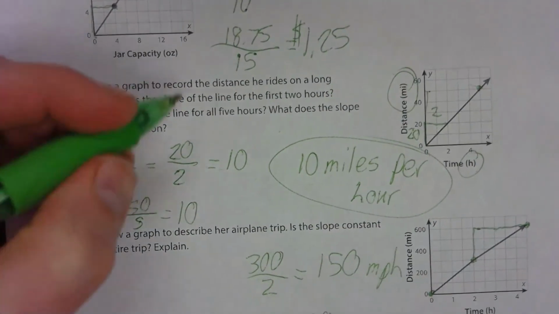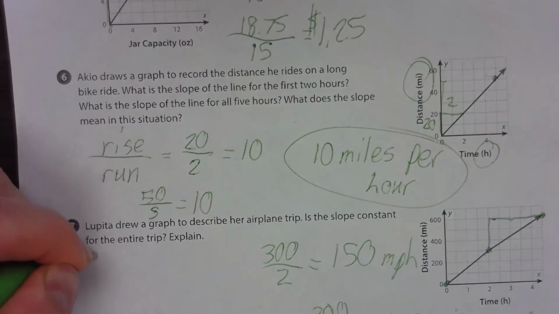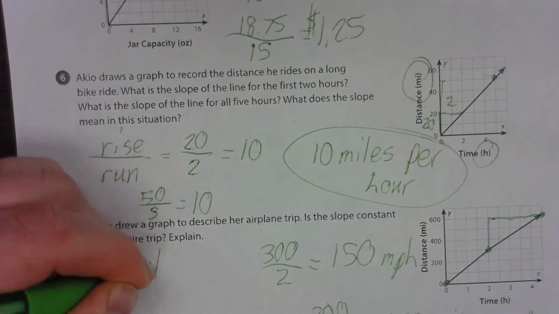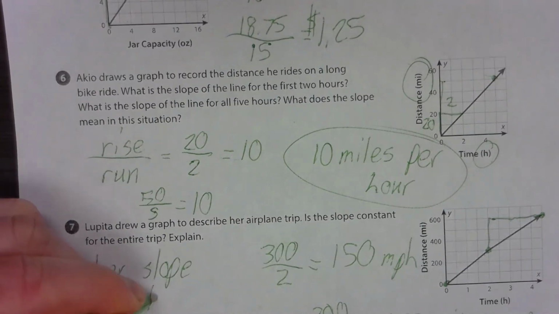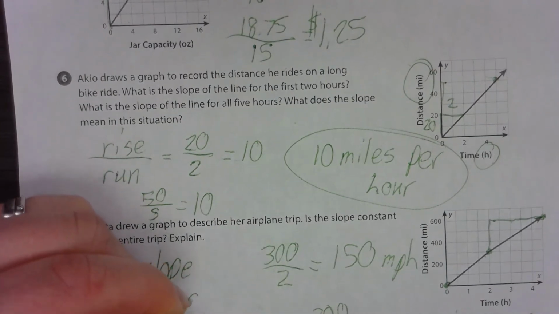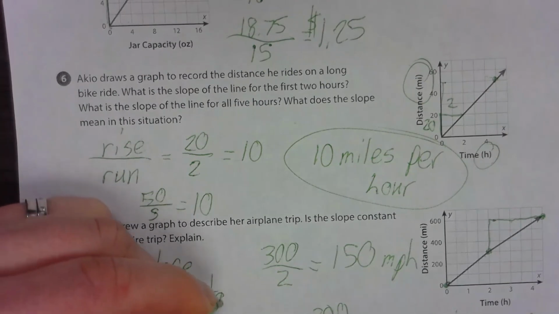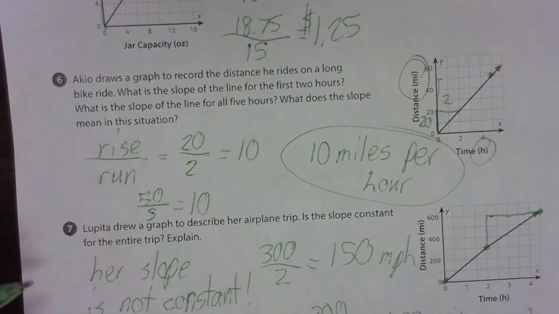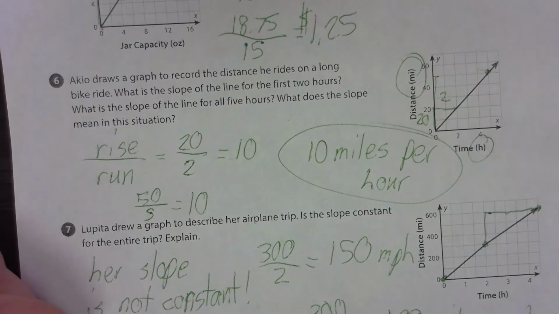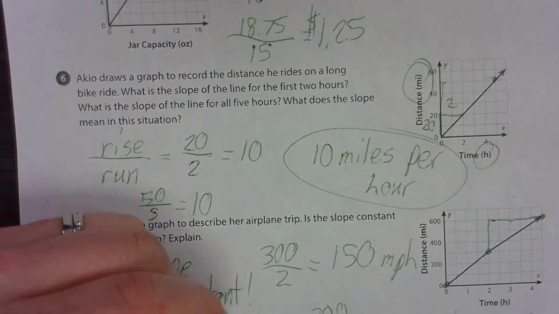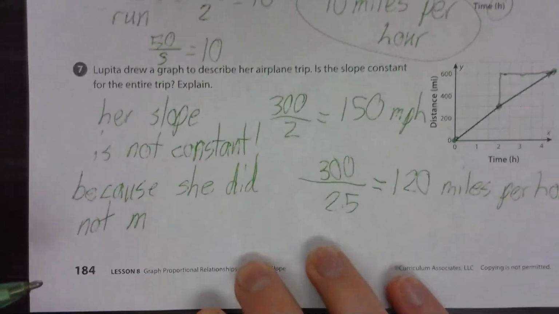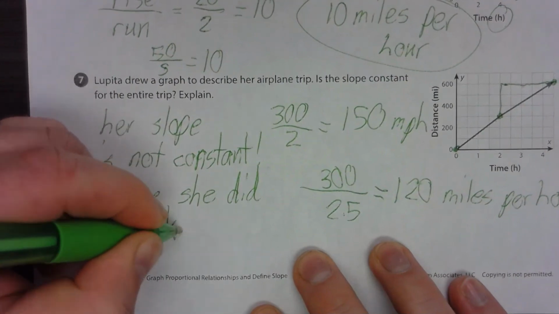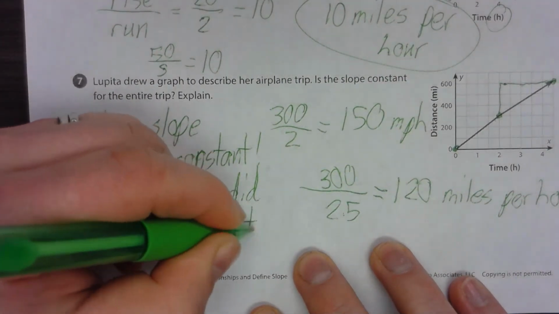So it looks like her slope is not constant. Well, but we said it was always going to be constant because she did not make a straight line.